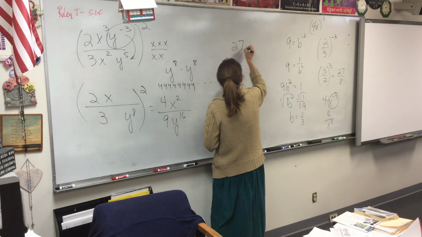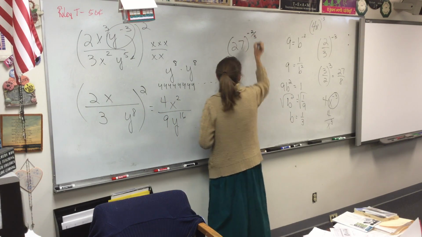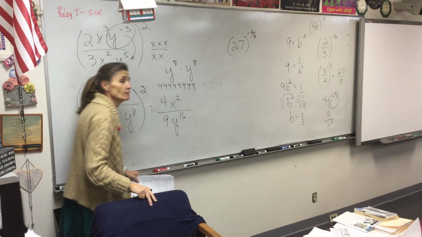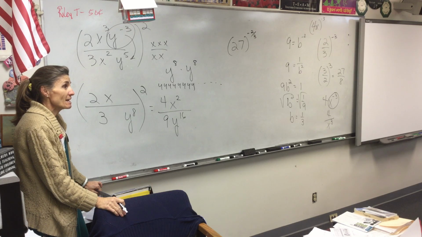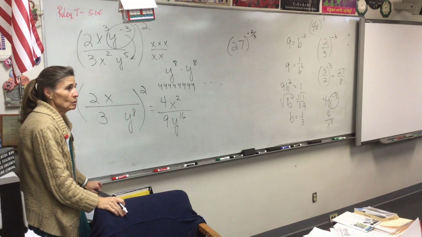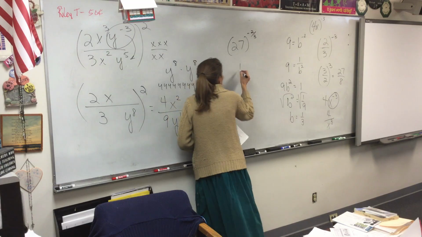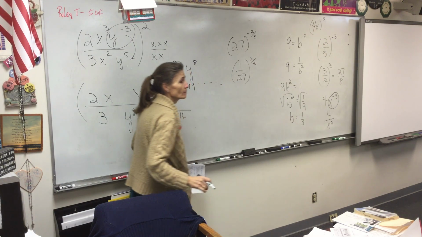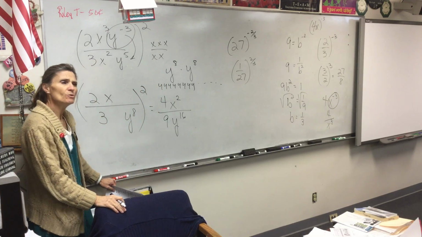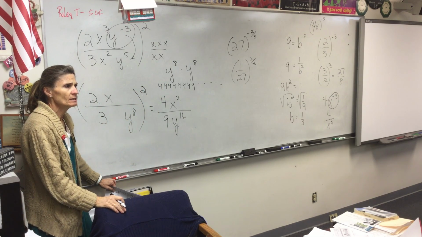Okay, 27 to the negative 2/3. What's that negative exponent do? 1 over 27. What does a 2/3 exponent mean?